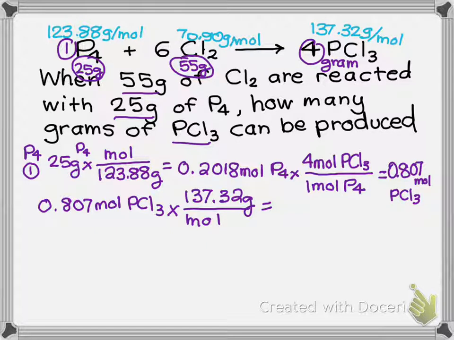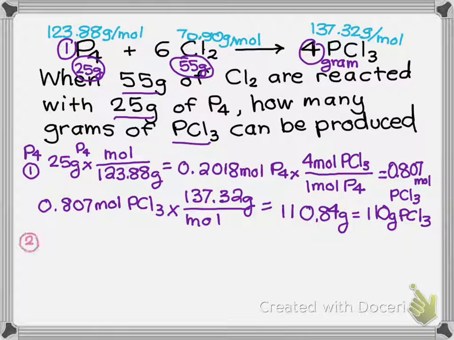And I get 110.84 grams, so it would be 110 grams PCl3. Okay, now I'm going to choose a different color to work with because I'm going to compare my two answers. So that's how much 25 grams would make.